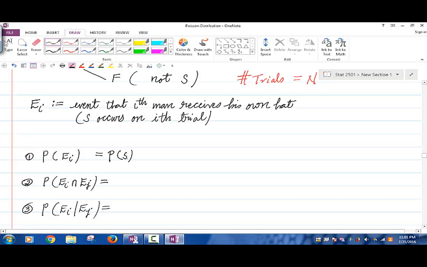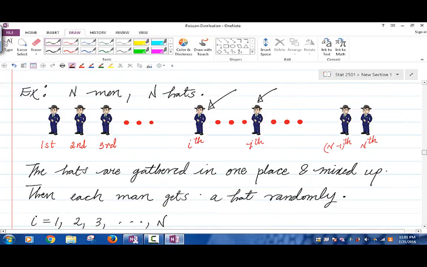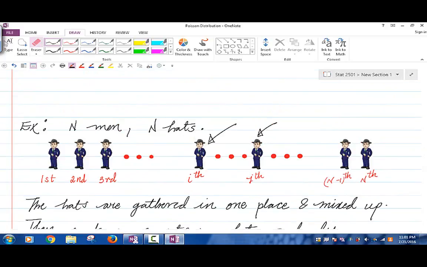In order to find it, after we permute or rearrange the heads among the men, what's the probability that the ith man gets his own head back? That is, the ith man gets head number i. What's the probability that the ith man gets the ith head?